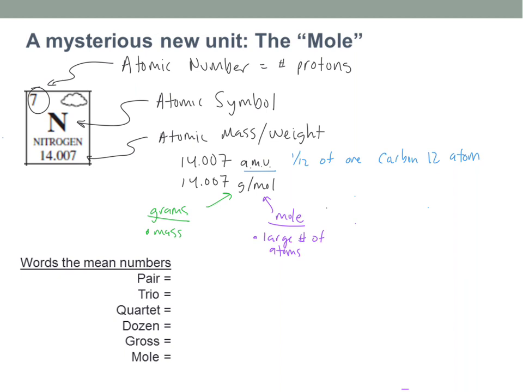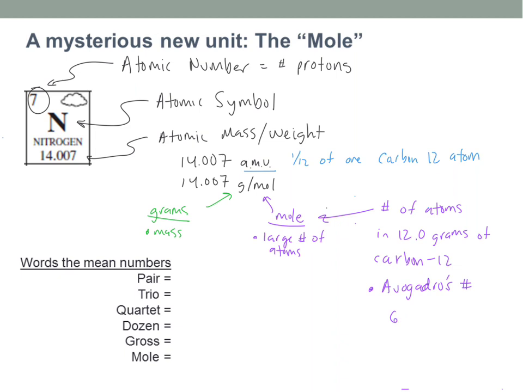The mole came from the number of atoms, and they were counted kind of by looking at electrons more than atoms, but it's the number of atoms in 12 grams of carbon-12. And that actual number is what we call Avogadro's number.